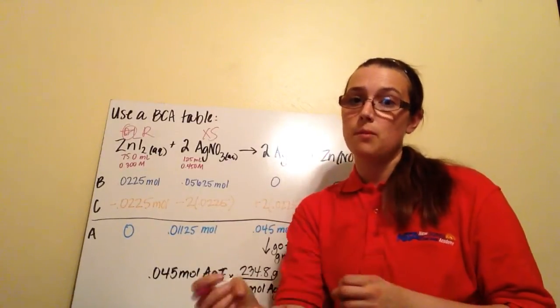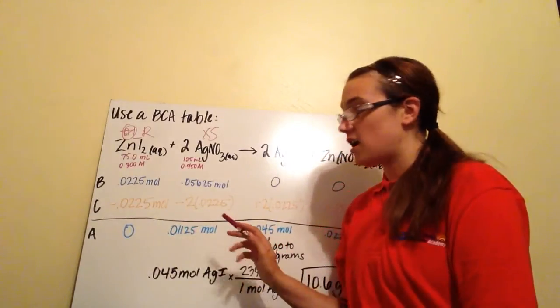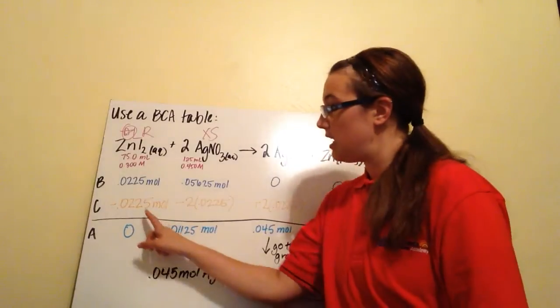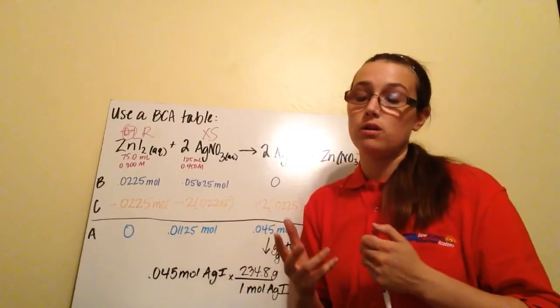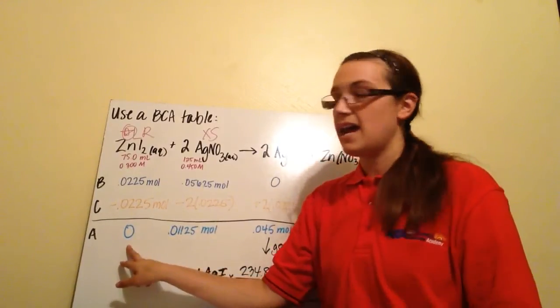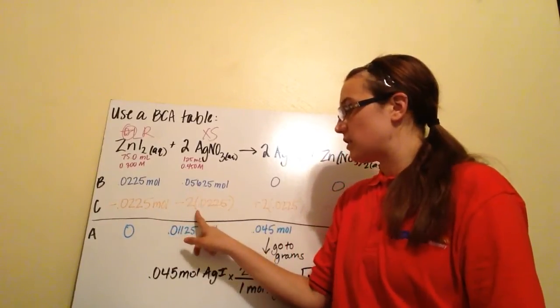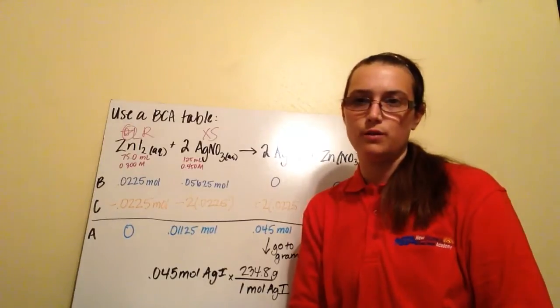That means we use up all of that in this reaction. And in the change column, you notice that I use the amounts based on the zinc iodide. So if the zinc iodide is my limiting reactant, I use up all of that in the reaction, and I end with 0 moles. Now, if you look at the silver nitrate, you notice that it's 2 times 0.0225.